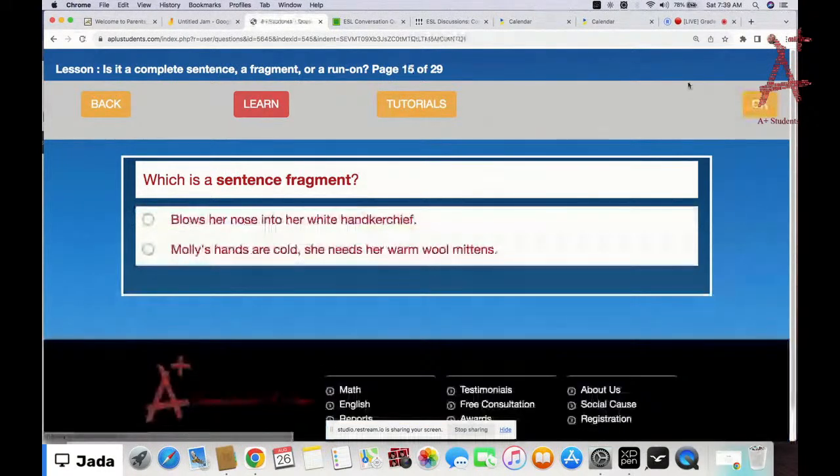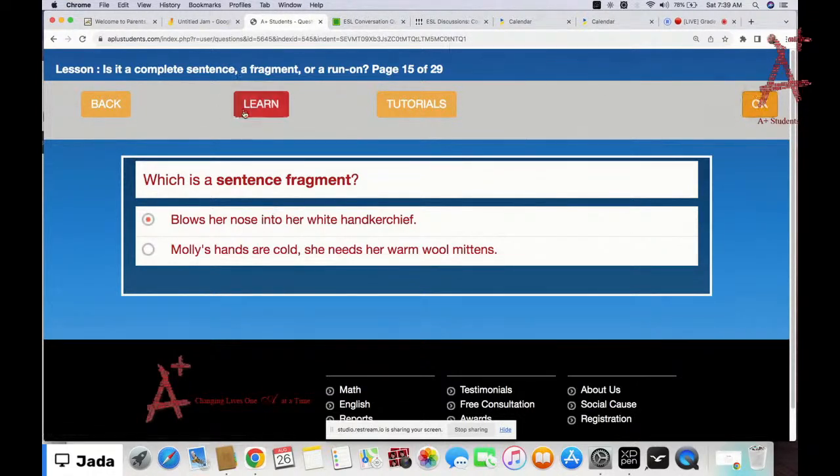All right, so we have blows her nose into her white handkerchief. Molly's hands are cold. She needs her warm wool mittens. So now blows her nose into her white handkerchief. We do not know who is blowing the nose. It's missing a subject. So this is a sentence fragment.